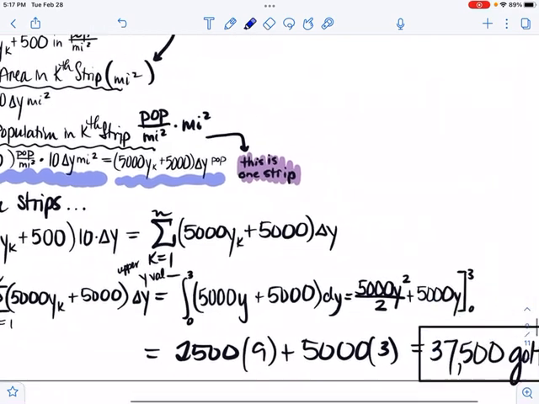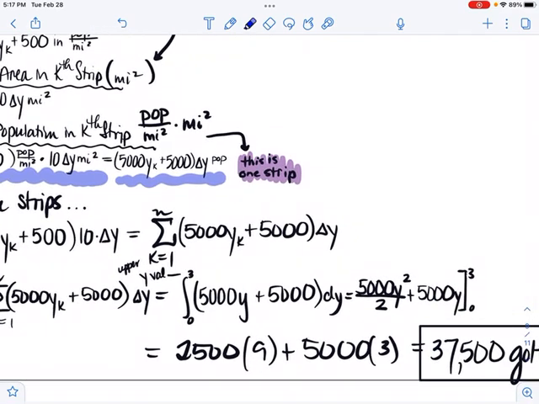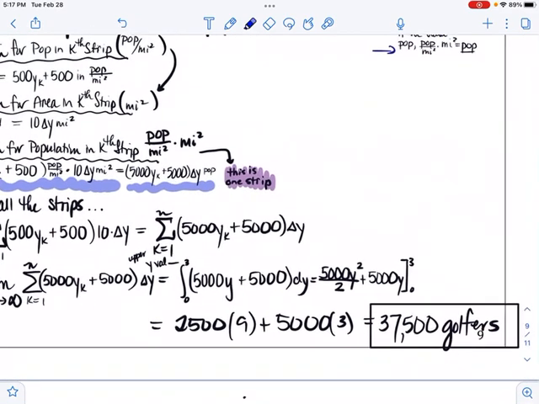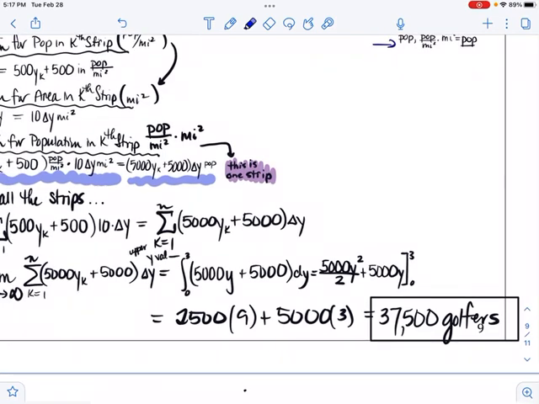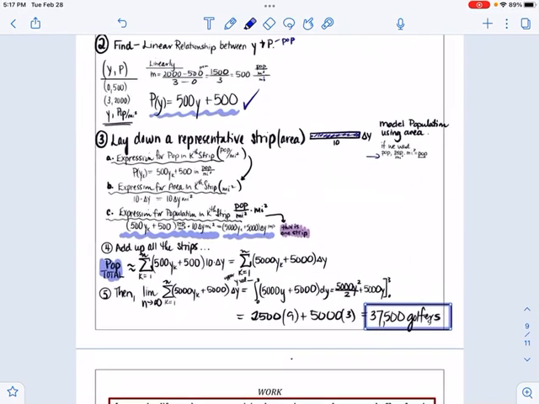Integrating that from 0 to 3, I get 2,500 times y squared, which is 9, plus 5,000 times 3, and I get 37,500 gophers that will exist on that stretch.